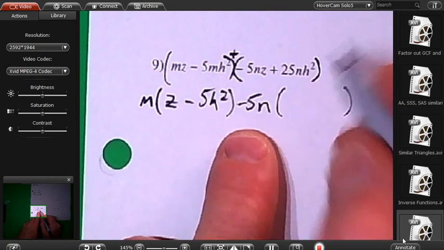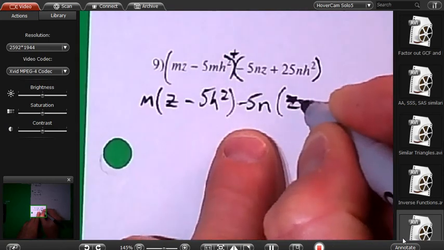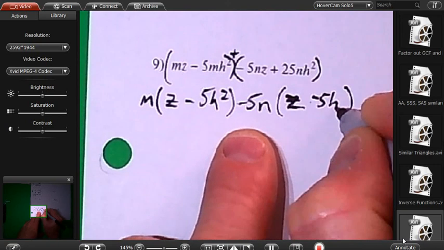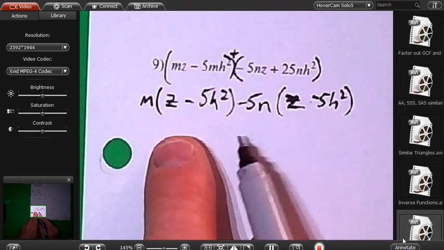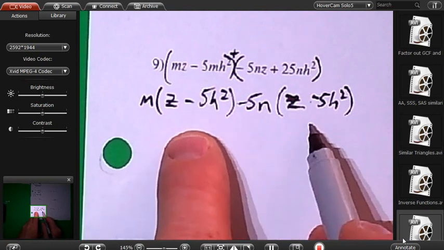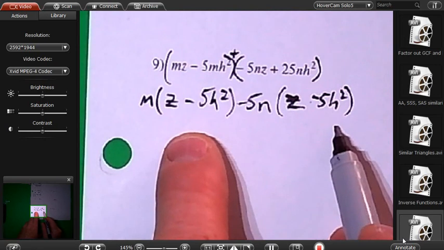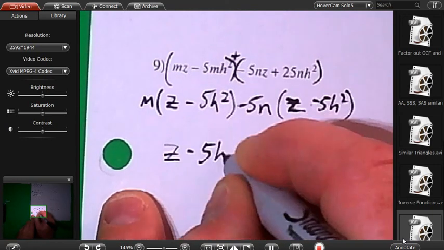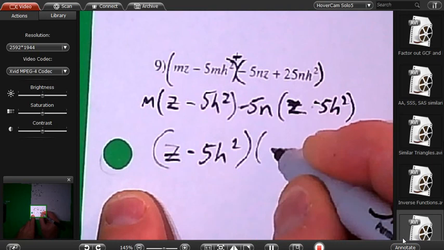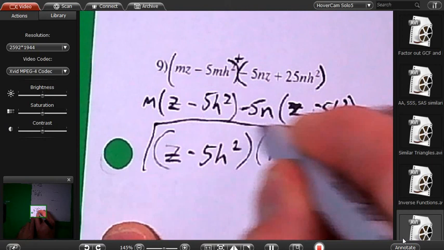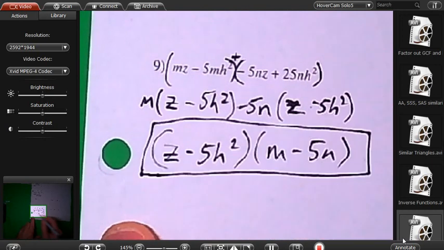Z plus 5h. Good. So you should have the same thing you had in the first parentheses, right? We're doing everything right. We can almost assume that it's going to be right. You have to be careful when you assume, because you know what they say. All right, so z minus 5h squared times m minus 5n. That's your final answer. Okay, so that is factoring by grouping.